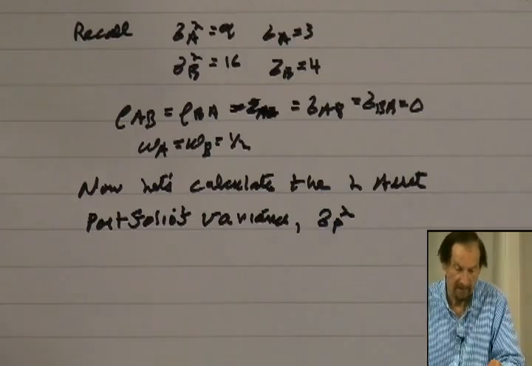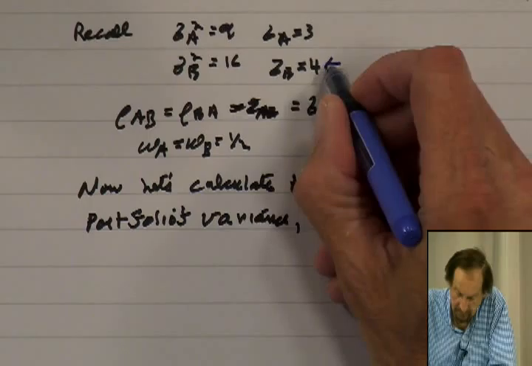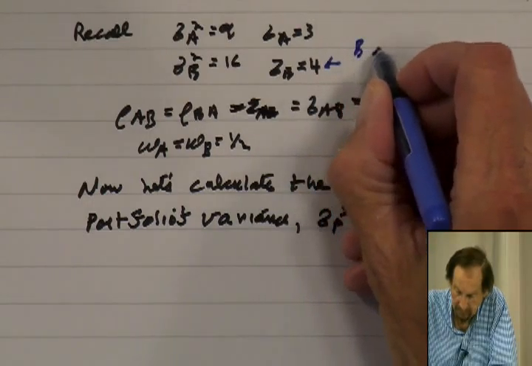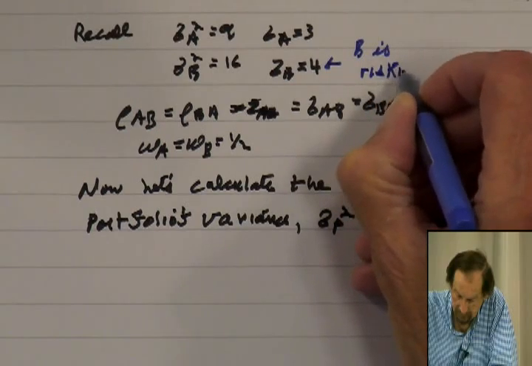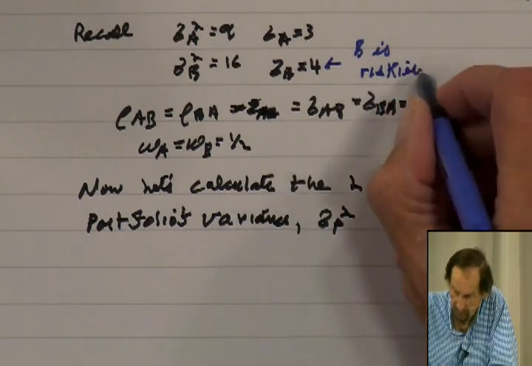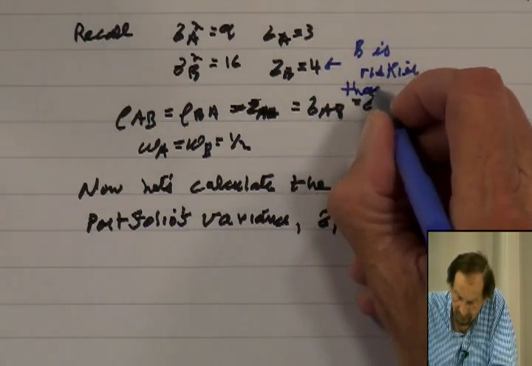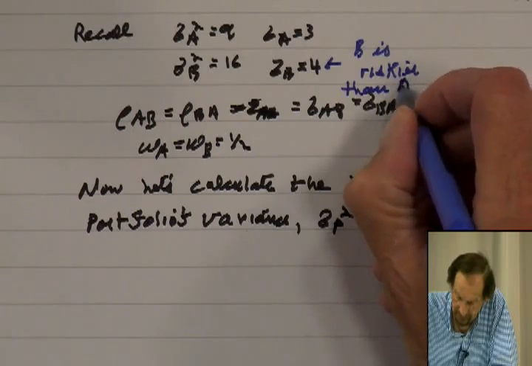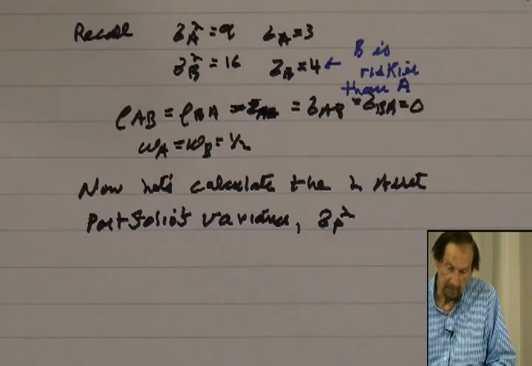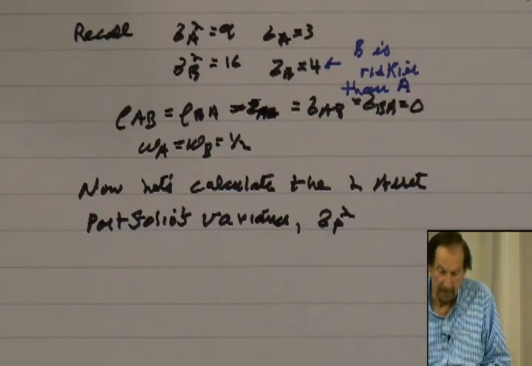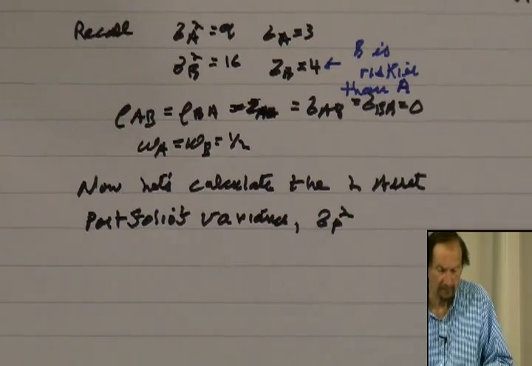Okay, so what we see is that B is riskier than A. The asset that we add to our portfolio has a variance of 16, where our original portfolio only had a variance of 9.